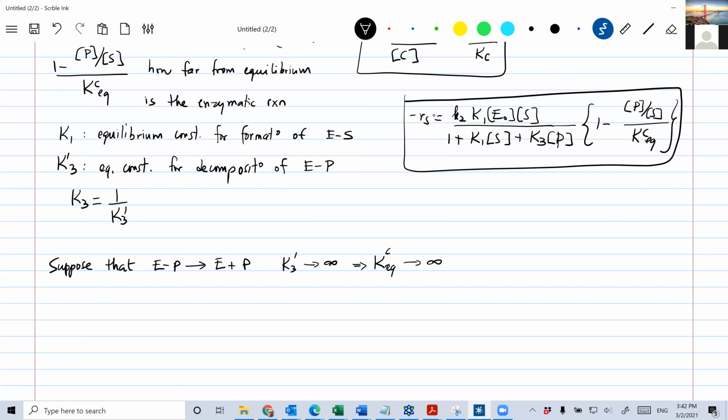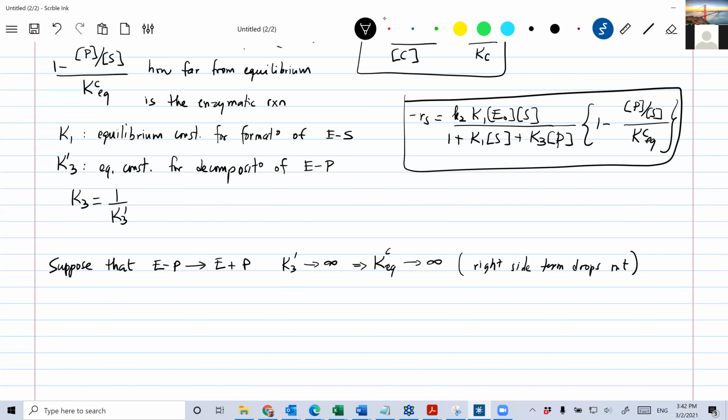Which also means that this equilibrium constant, KCEQ, is also going to infinity. So that means that the right side term here drops out.